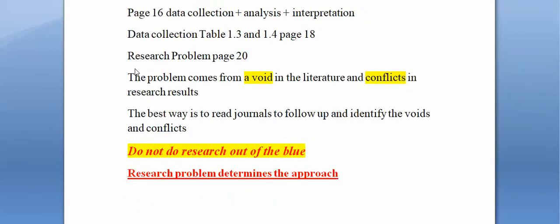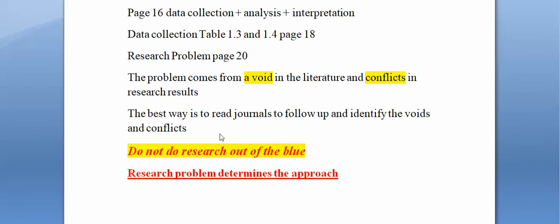Research problems. Okay, this is on page 20. Where is the research problem? The research problem comes from a void, a gap in the literature or conflicts in the research results. So the best way, in my point of view, in order to conduct good research is to read journals and periodicals to follow up and identify voids and conflicts in the literature.